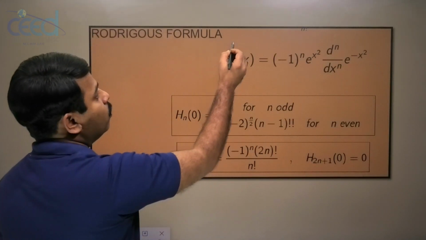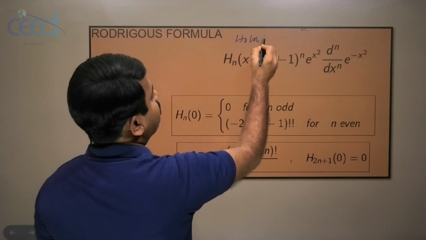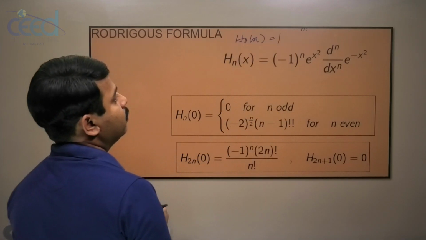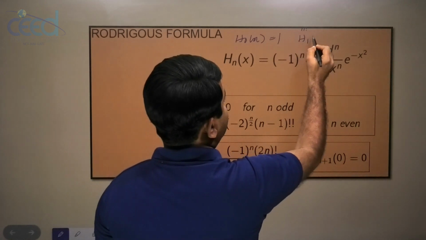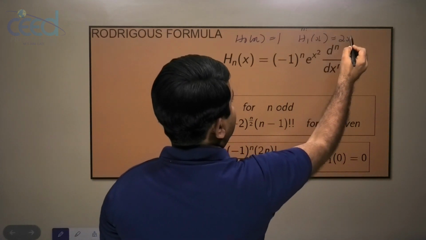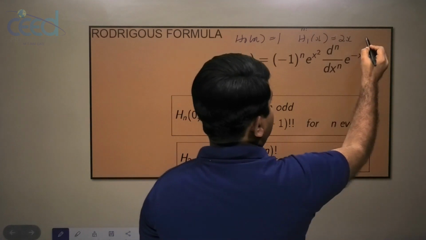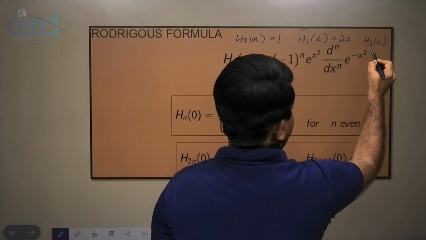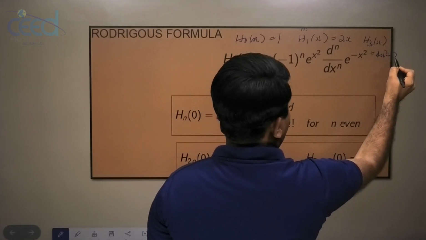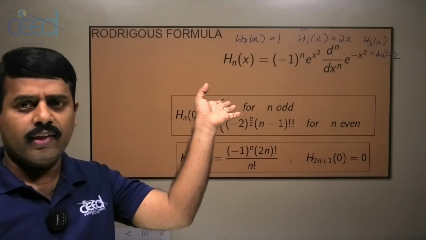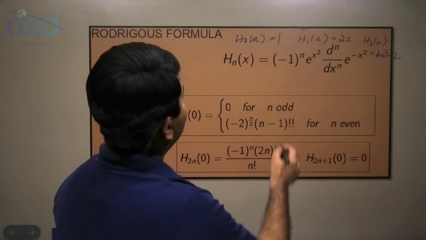You know h0 of x is equal to 1, h1 of x is 2x, h2 of x is 4x square minus 2. This all we studied, right? Alright. Now we can verify this.